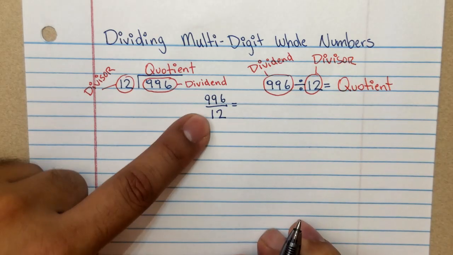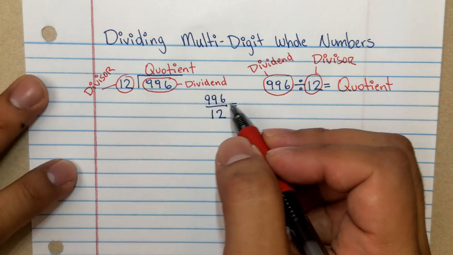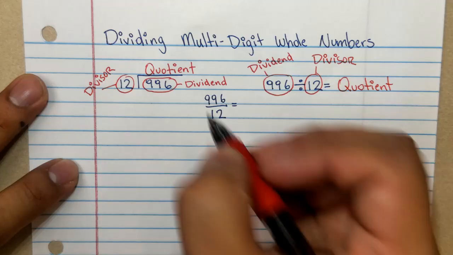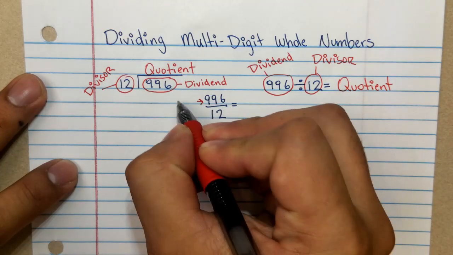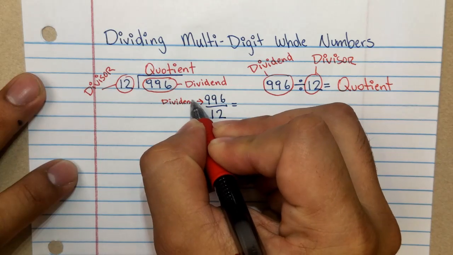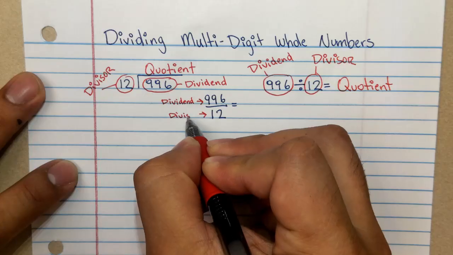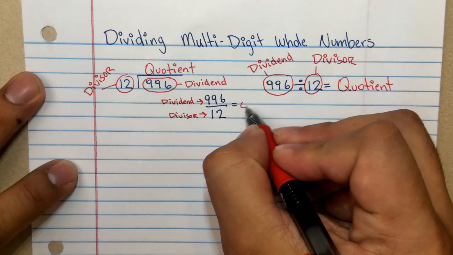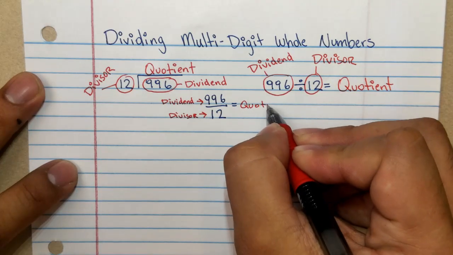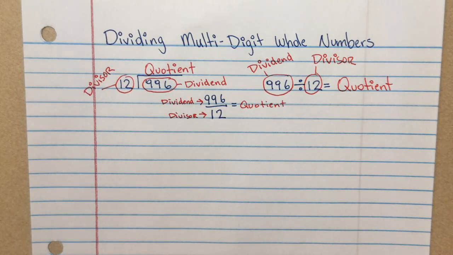And then finally with the fraction, the top number, which in fraction we call a numerator, but when it comes to division, this is still the dividend. And the bottom one is the divisor. And of course, the answer will always be quotient. So these are just three different ways that you will see division, starting from this year till years in high school and possibly in college as well.